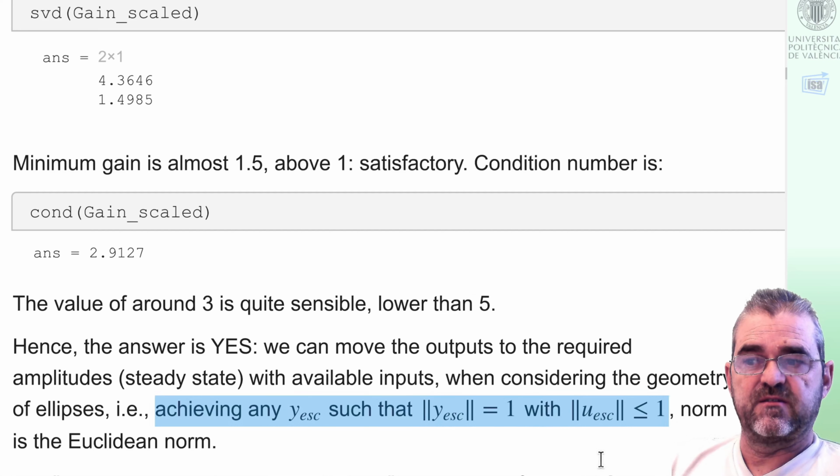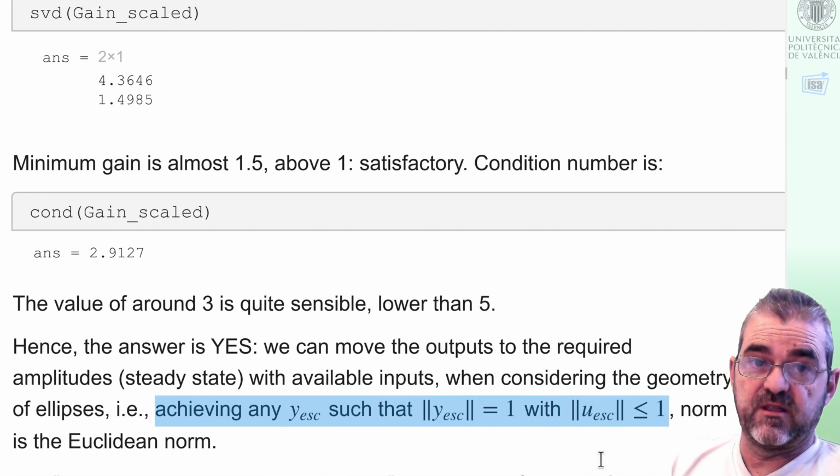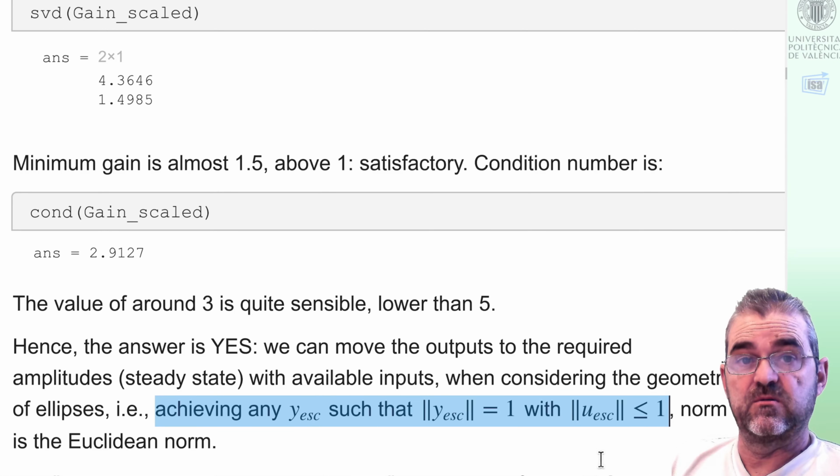So we can achieve any size 1 output increment with an input increment with Euclidean norm equal to or below 1. In a sequel video, we will draw spheres and ellipses that are implicitly being considered when doing these singular value and norm computations.